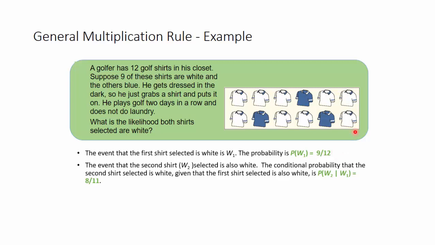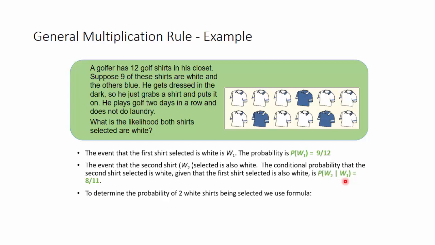Since one shirt has been taken off, the total number of shirts remaining is 11. And the first shirt was also white, so there are only 8 white shirts now of a total 11 shirts available. So the probability of taking a second white, given the first was also white, is 8 of 11.